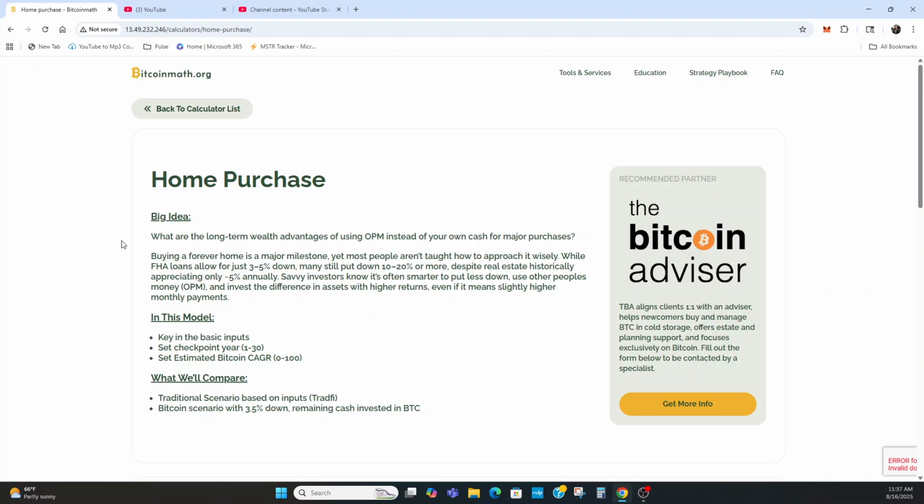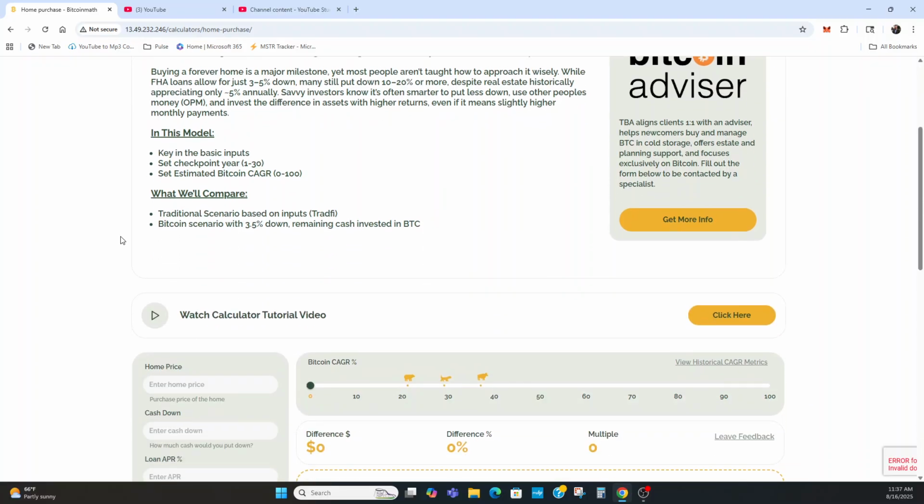In the one scenario where you're taking out the minimum down payment required, which is 3.5%, your monthly payment will be higher and you will spend more on interest, yes. But if you saved up $100,000 for a down payment, but you only needed, say, 20, and you could spend the other 80 on a performing asset like Bitcoin or even gold or stocks or whatever it might be, how does that look over a longer period of time? And that's what we want to take a look at.